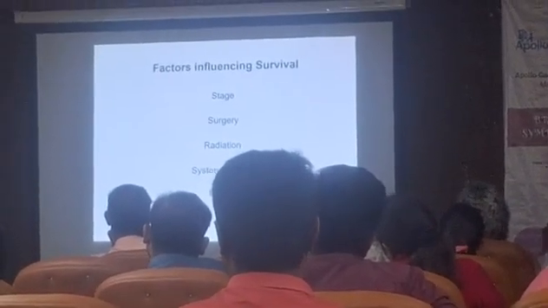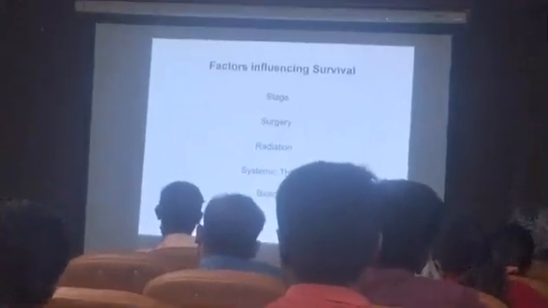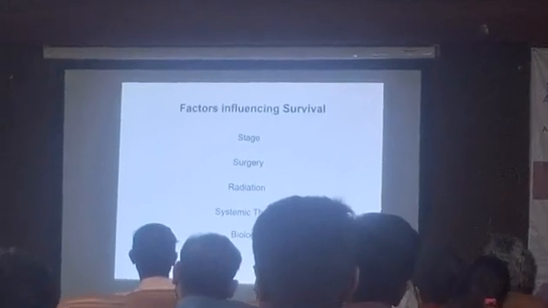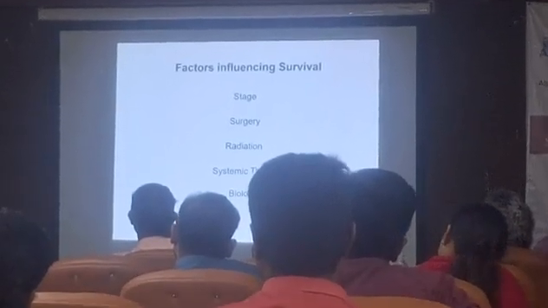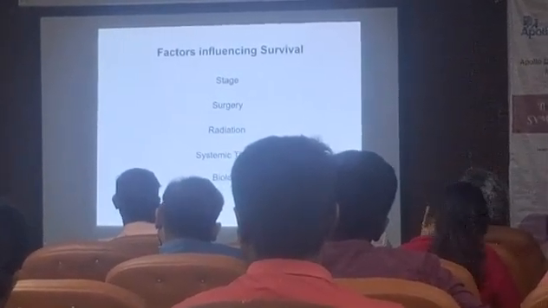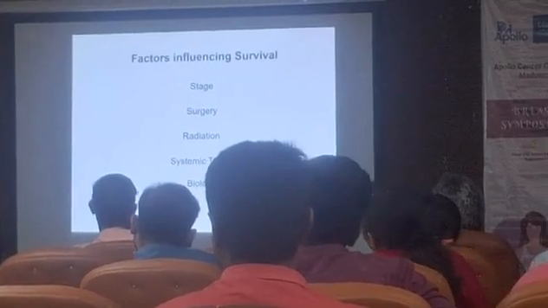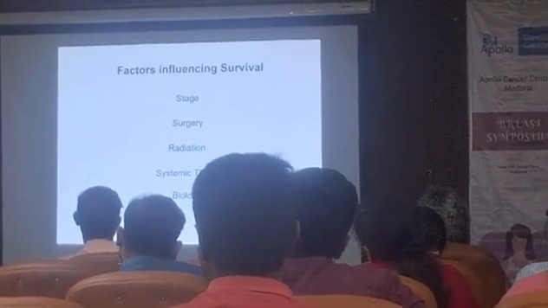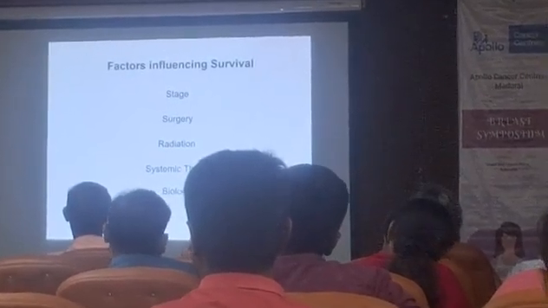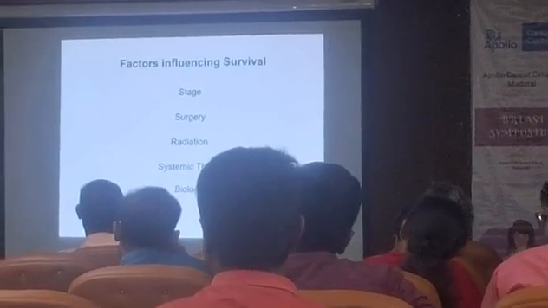It is not like CA vocal cord, where you see 100 patients and all are CA vocal cord patients. But you see 10 patients of CA breast, one is ER/PR positive, one is HER2 positive, you have many subsets. Every different subset will have a different outcome. So the biology of the tumor is also a factor influencing survival. It used to be separate from systemic therapy till some time back.